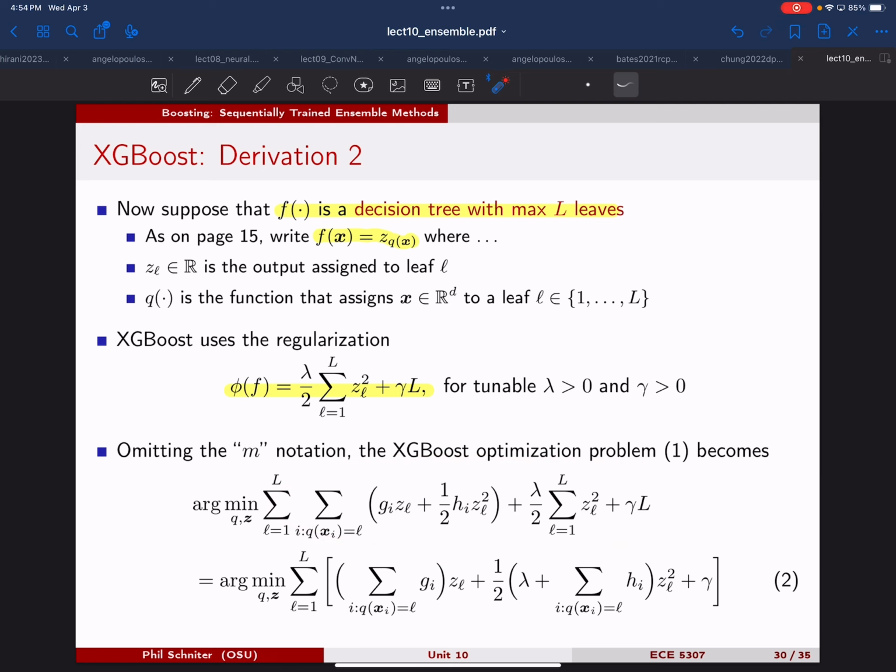We also have to optimize the tree Q. So we can do this in two stages. The first stage we'll just optimize Z for an arbitrary Q. So to do this, we can notice that there's a linear Z term, there's some quadratic Z terms, and then there's a constant term. So we basically have a quadratic in Z. So that's something we know how to solve.